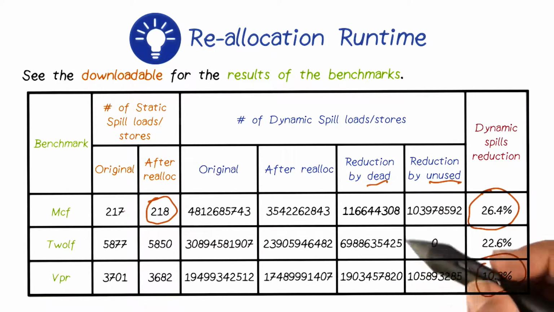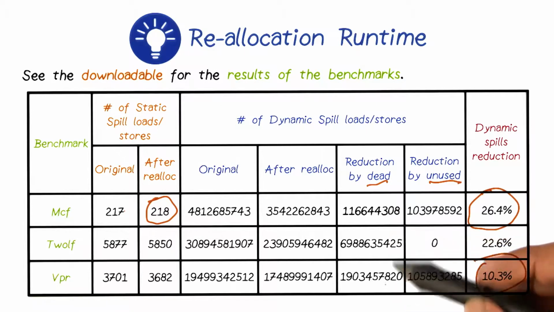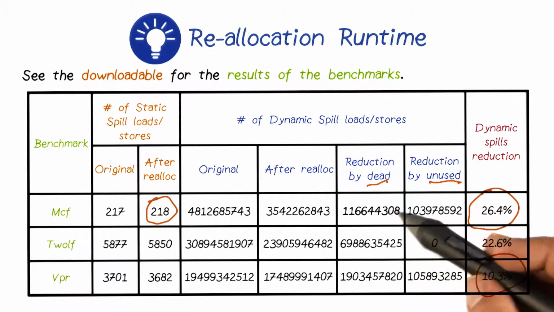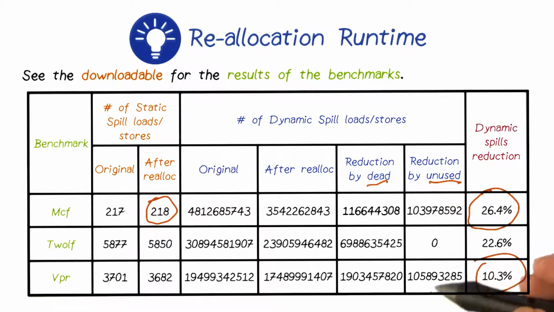In many other cases, the dead registers are in fact reducing the dynamic number of load stores. Again, this is because for unused registers, a lot of the benefit is outweighed by the compensation code, and so the benefit of removing those stores and loads by using unused registers is very limited. Many times that optimization was not undertaken.